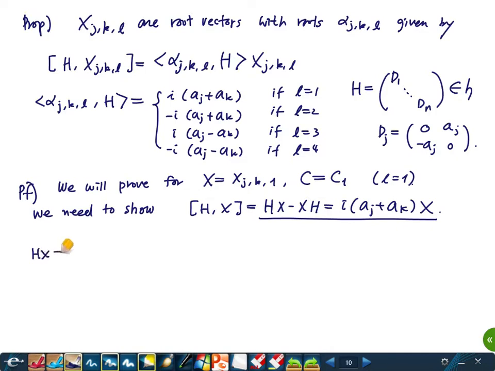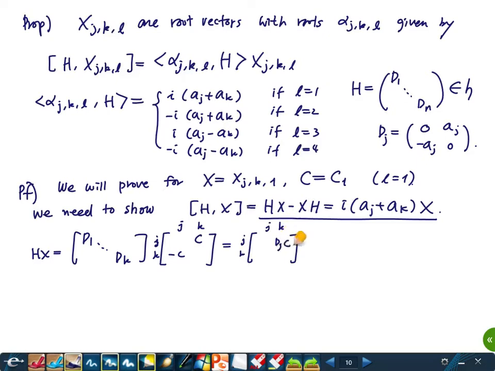So what is that? h is d1 up to dk, multiplied with x. What is x? X is like c and minus c, where it's the jk entry. If you compute this, it's just jk, it's djc minus dkc.